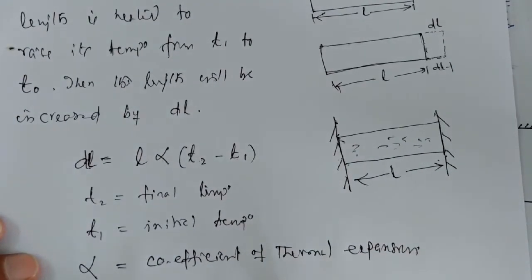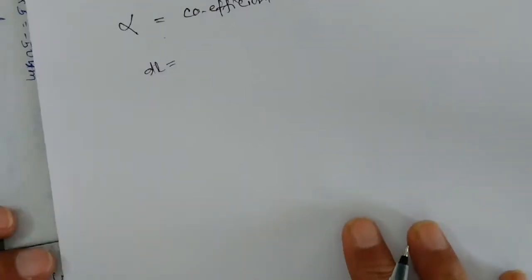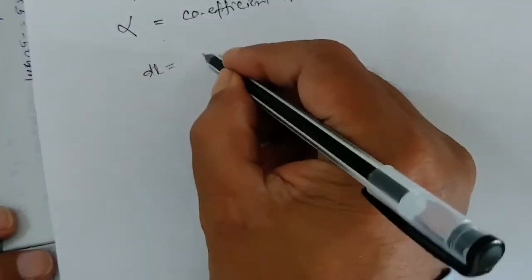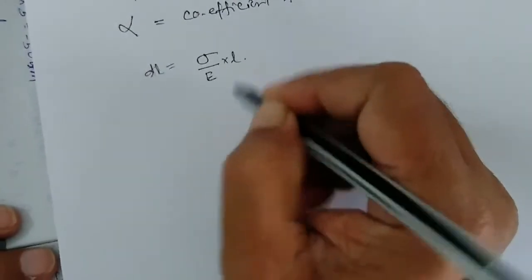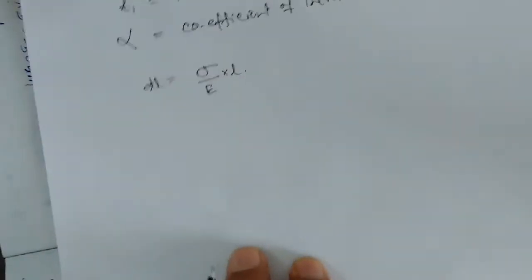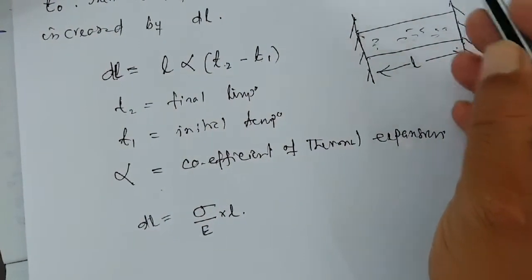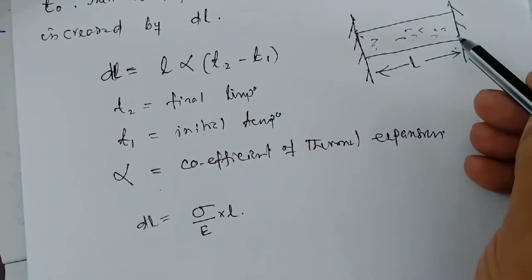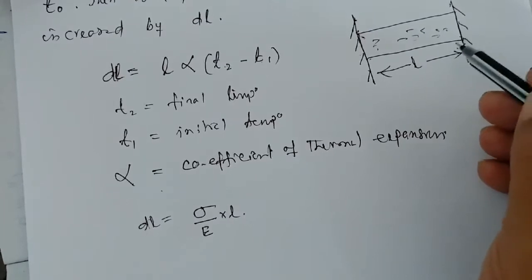We also know that dl is equal to stress by E into L. Now the same dl which has occurred has to be restricted by this wall. That means the same dl has to be minimized or nullified by force.